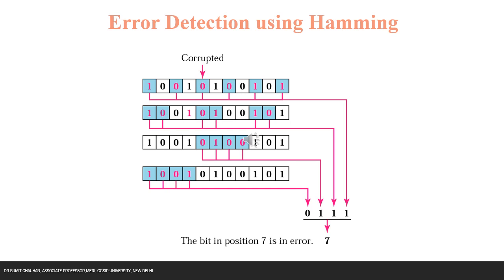So we'll find R4, R2, R1, that is 4, 2, 1. So we'll find that at the 7th position there is an error. So we'll change that particular bit at position 7.